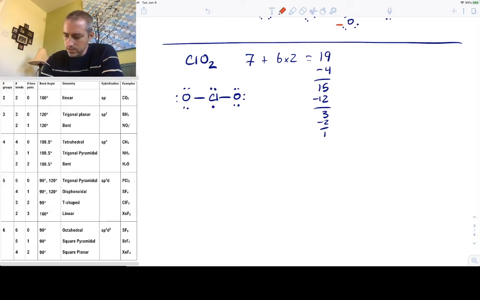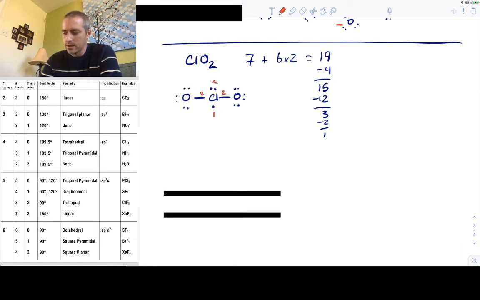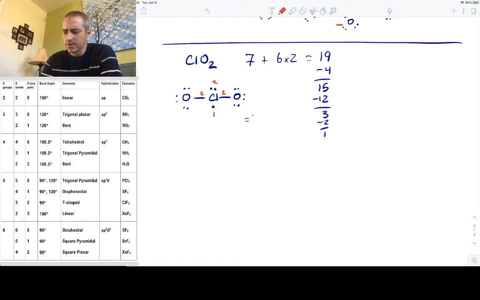So it's got 2 and 2 and 2 for that pair and 1 for a total of 7. So it does not have a full octet. Normally what we like to do is make multiple bonds by bringing down lone pairs on adjacent atoms. But if we do that with chlorine, we're going to exceed the octet.